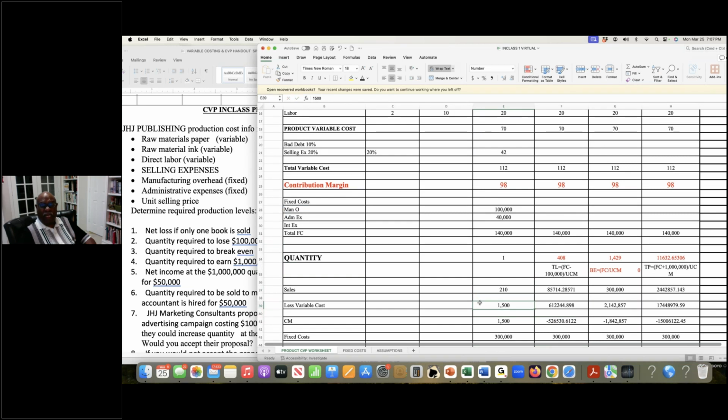And my variable cost, total variable cost, is going to equal... and so my contribution margin is going to be 210 minus the 112.